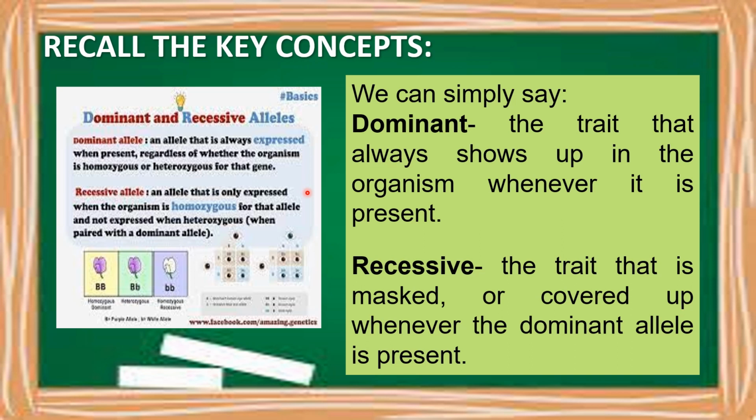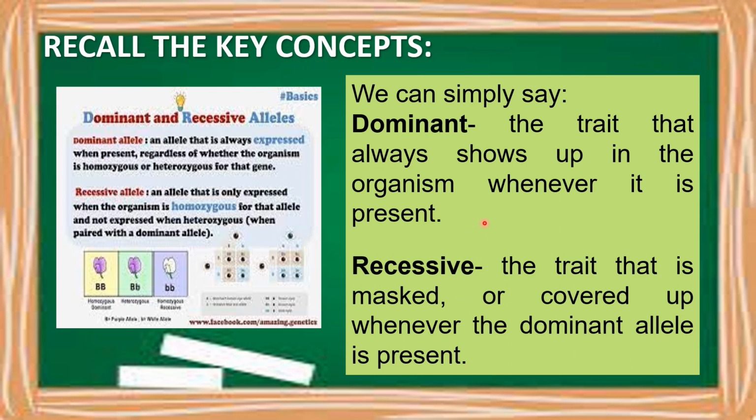Recessive allele is an allele that is only expressed when the organism is homozygous for that allele and not expressed when heterozygous, when paired with a dominant allele. So we can simply say that the dominant is the trait that always shows up in the organism whenever it is present, while the recessive is the trait that is masked or covered up whenever the dominant allele is present.